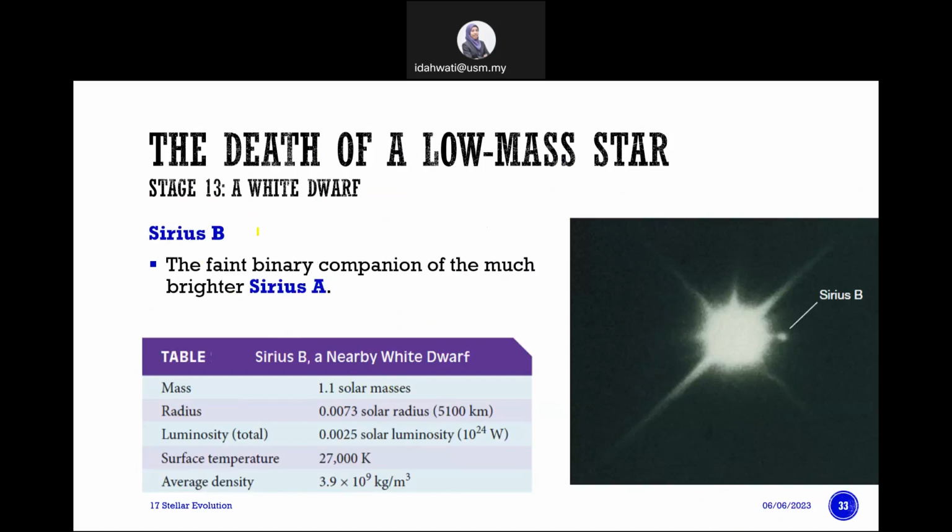So we have Sirius B as the white dwarf example. Sirius B is the faint binary companion of the much brighter Sirius A. These are the properties of Sirius B: the radius, mass, luminosity, temperature, and density.